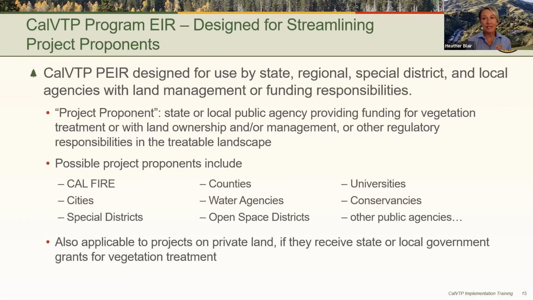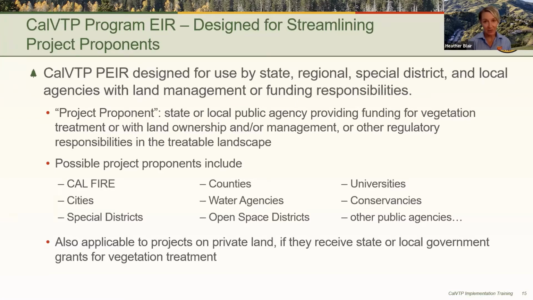As Curtis is going to cover in more detail in part 2 of this training, CEQA allows for use of a program EIR for a series of actions that are related to a continuing program, like the CalVTP. So one of the main functions of a program EIR is to facilitate streamlined CEQA review of site-specific later activities.